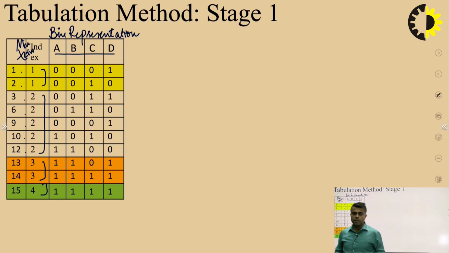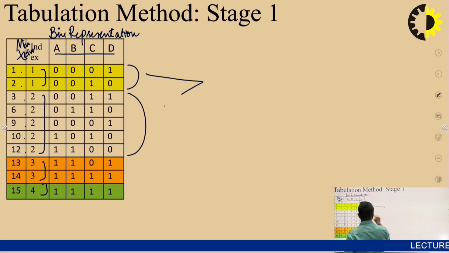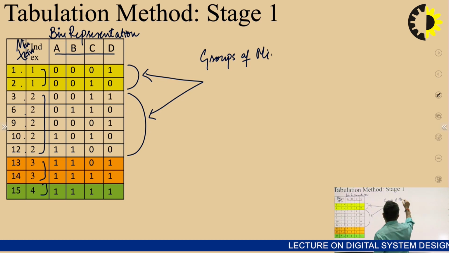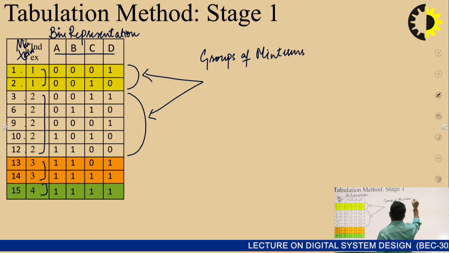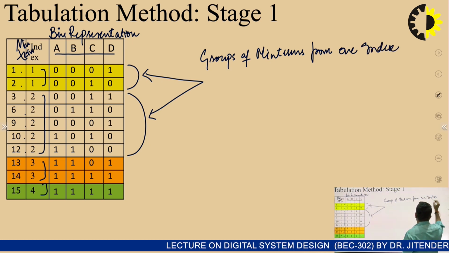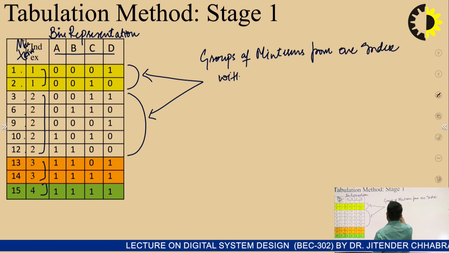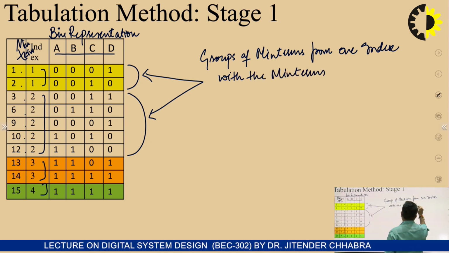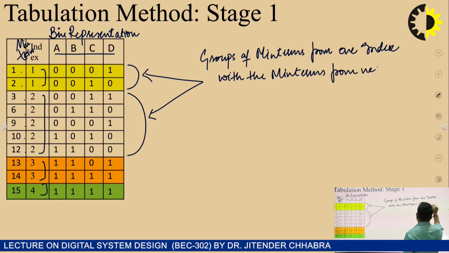And the next table is actually the grouping of minterms from one index with the minterms from the next higher index.